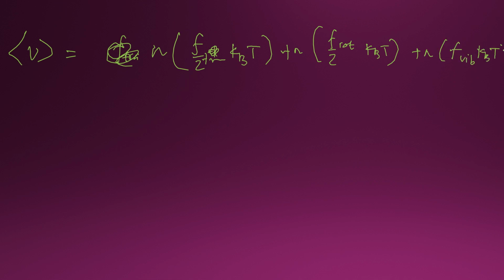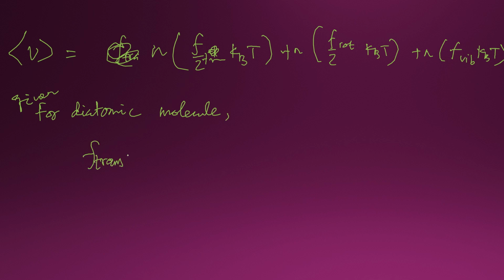Okay, there is no half in terms of vibrational. So for a diatomic molecule, as given in the question, F translational is equal to 3, F rotational is equal to 2. Vibrational is not given, so vibrational is 0, isn't it?